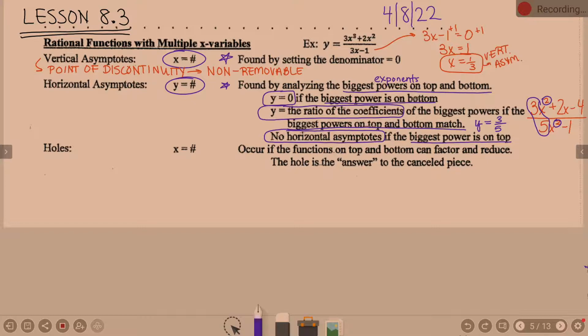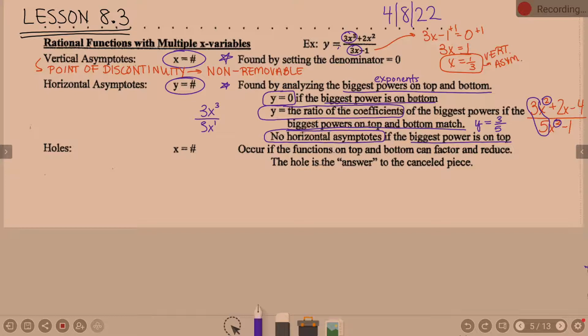And actually, let's look at this example here. If we look at this example that we were given up at the top of the problem, what's the highest power on top? It's that 3x to the third term, right? So 3. What's the highest power on bottom? The 3x to the first. Where's the biggest power?